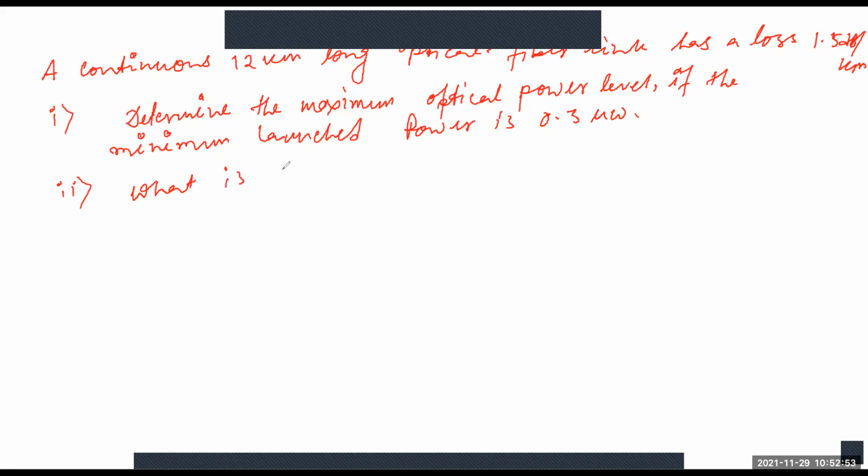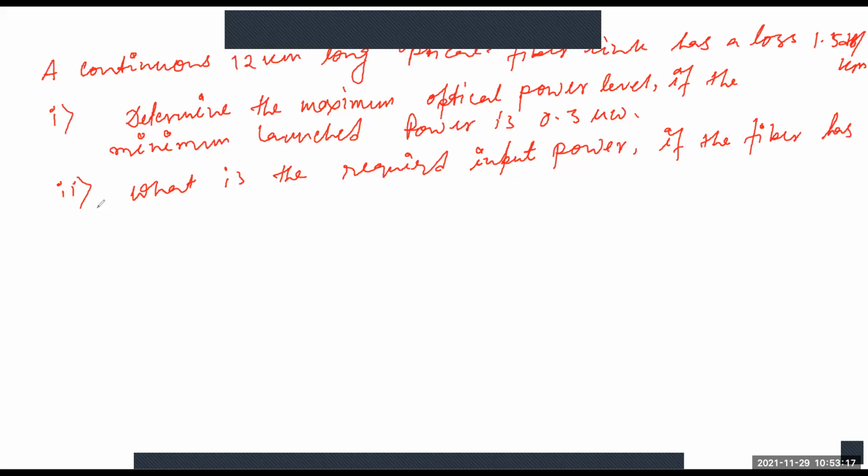So there are two questions. First, it is given that a continuous 12 km long optical fiber link has a loss of 1.5 dB per km, and the first question is to determine the maximum optical power level if the minimum launched power is 0.3 mu watt.